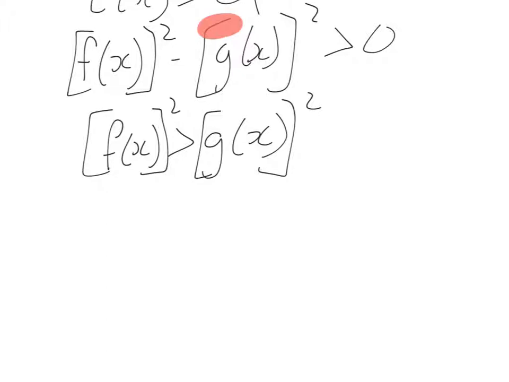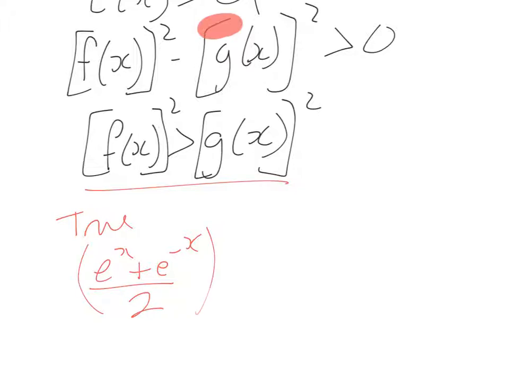but this is true since e to the x plus e to the minus x over 2, squared, is bigger than e to the x minus e to the minus x over 2, squared.